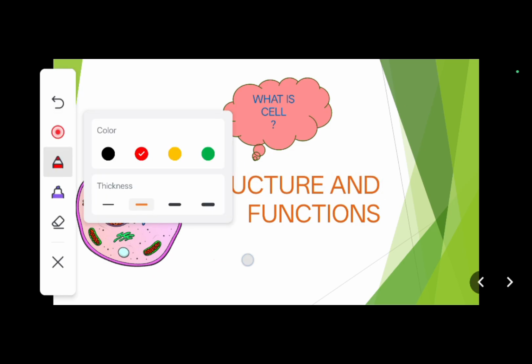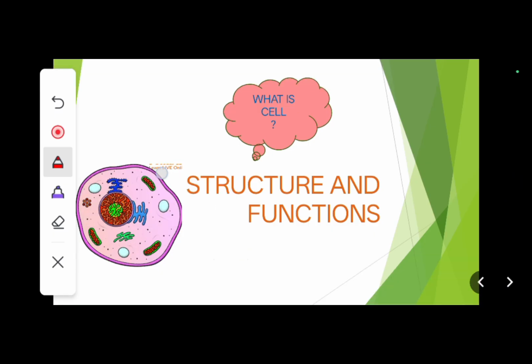It is a membrane present outside of the cell. It gives structure and shape to that cell. The major function of the cell membrane is that it gives support and structure to the cell, and some shape also. It is also known as a semi-permeable membrane.